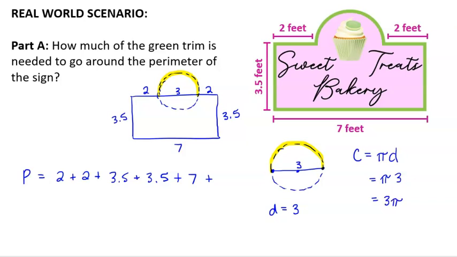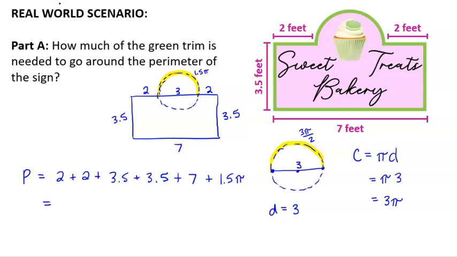And then remember, this is only half of the circle, so for this piece here, it's going to be half of that, or 3 pi divided by 2, or we could write that as 1.5 pi. And so now I'm just going to put that here. So the circumference would be all the way around, and we only needed half, so we took that 3 pi and then we divided it by 2, which is 1.5 pi.